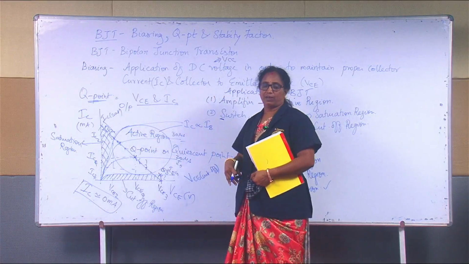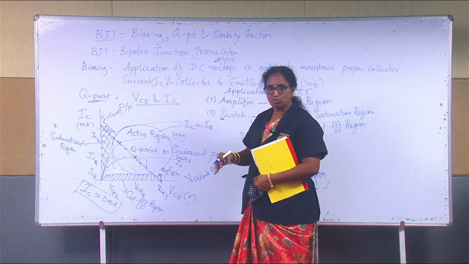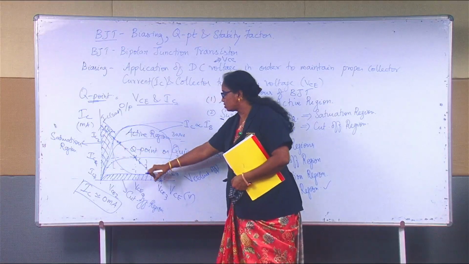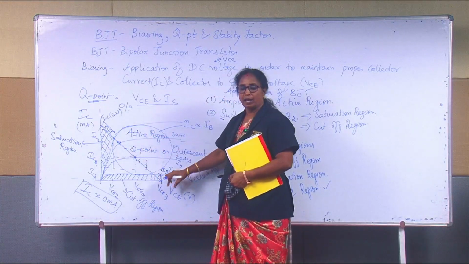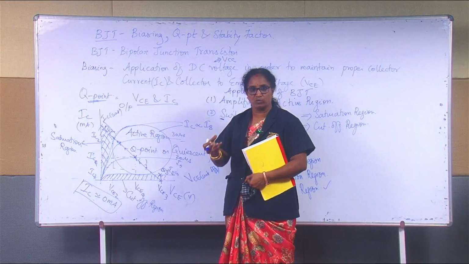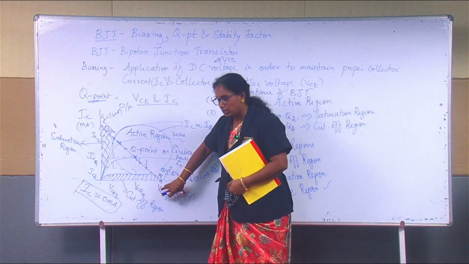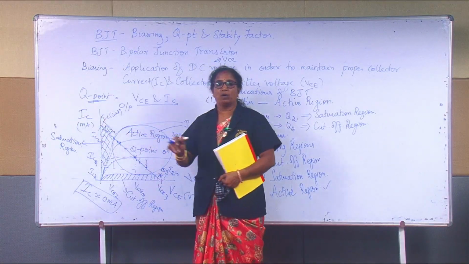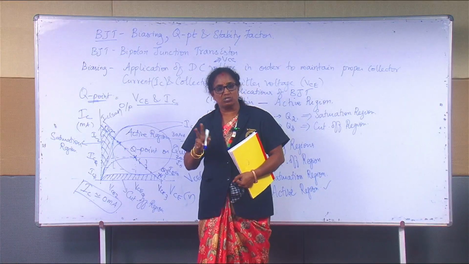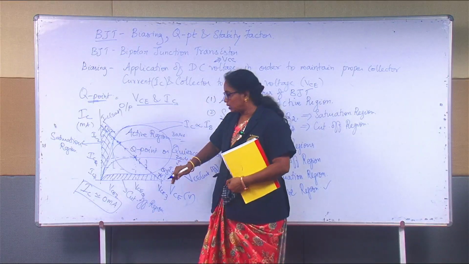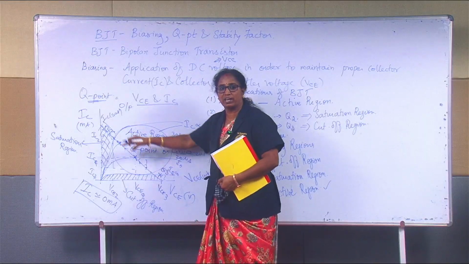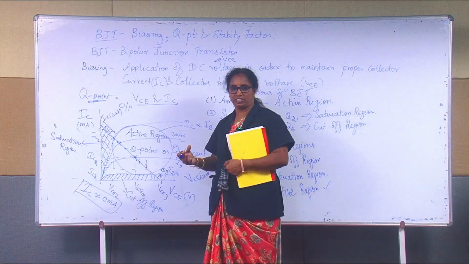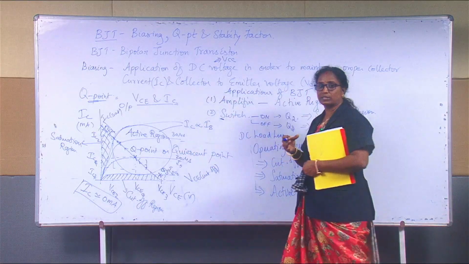Or vice versa, if I want to use the transistor for an amplifier, then I must have this range of voltage and collector current. If I want to simply use a transistor as a switch, then I must operate the transistor within this range of voltage as well as this range of voltage, because a switch always has two states, on and off. So the voltage and current must be changed alternately. Only then will you have both on and off states in that circuit.